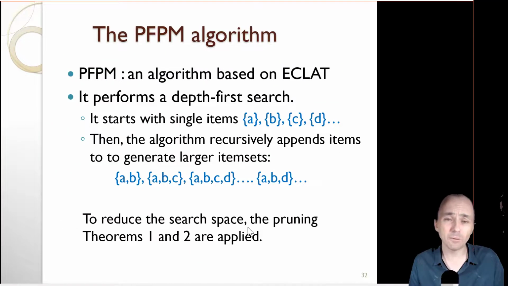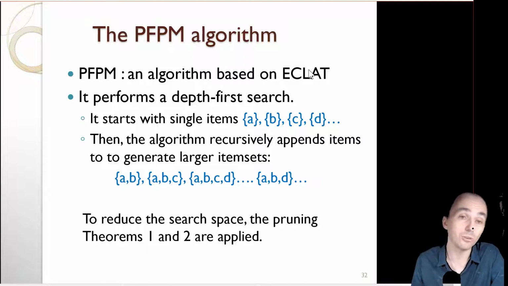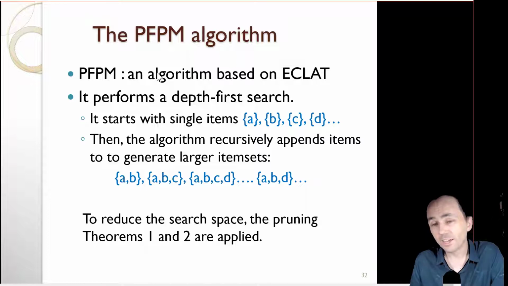So PFPM is the first algorithm that can find the solution for this general problem. It is based on ECLAT. If you know ECLAT, if you watched my other video, you know about this. So, like ECLAT, PFPM will do a depth-first search.